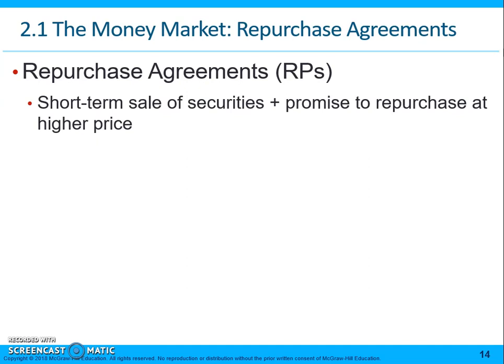The repurchase agreement is a short-term sale of securities and a promise to repurchase those securities back at a later date, typically at a higher price. There actually have been examples, and not that long ago, where the repurchases were occasionally for negative interest rates.